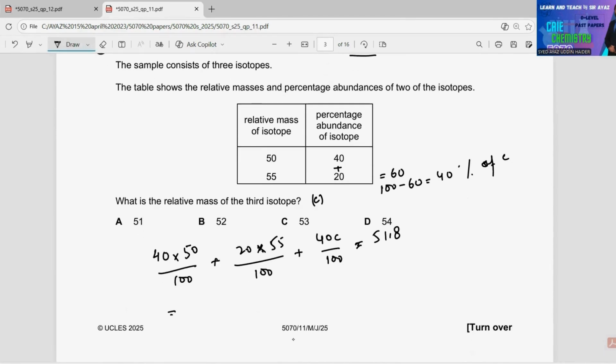Moving on further, so we have 100. So 40 multiplied by 50, we'll get 2,000, not 200.